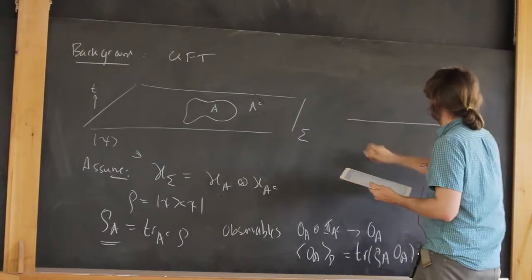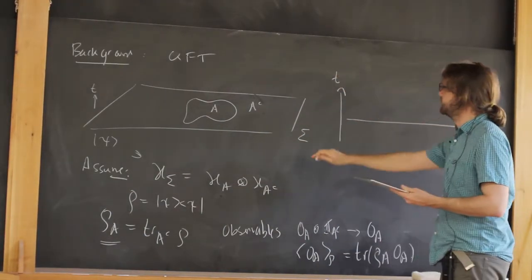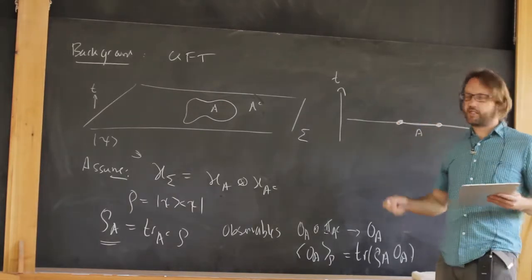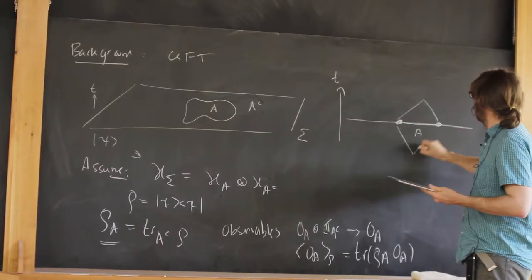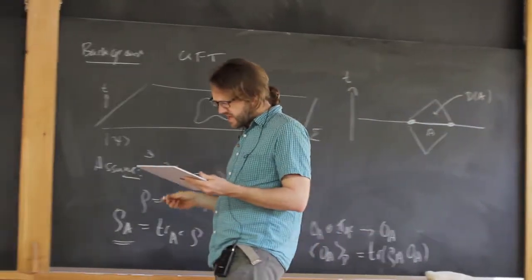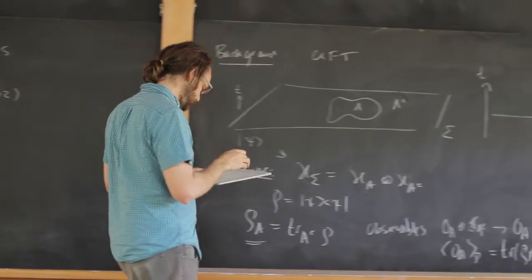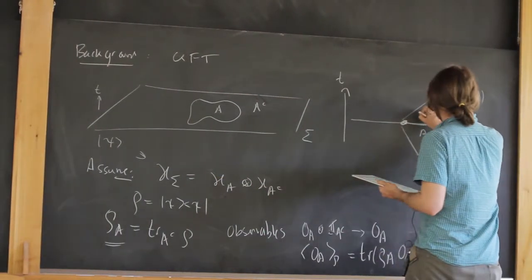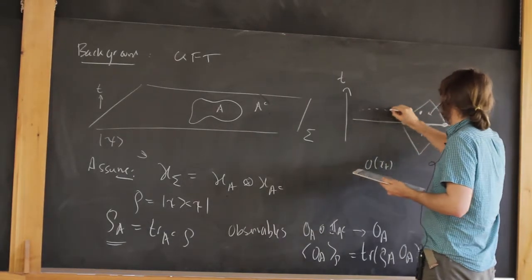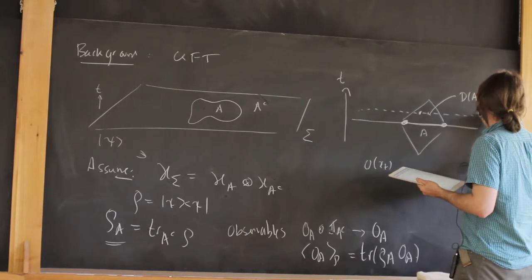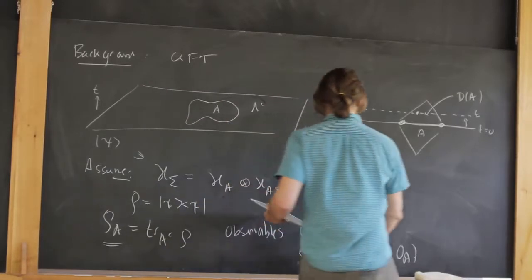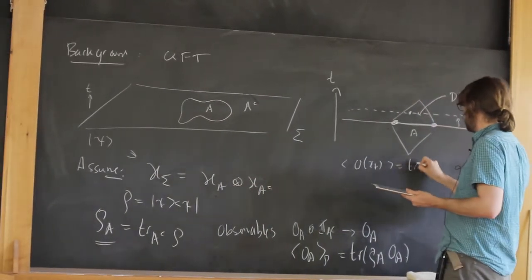If I draw a space-time picture, suppressing one of the directions, then associated to this region A there's some causal completion of that region, which I'll call D of A. Any operator that's localized in this region, say O of x, t, maybe on some other time slice, where this is t equal to 0, can also be computed with this density matrix. So this is still true.